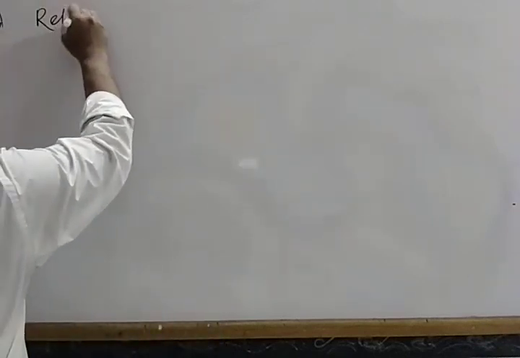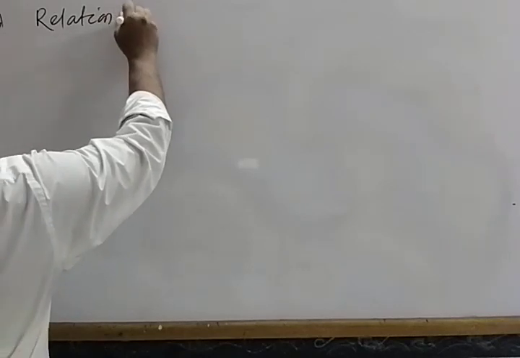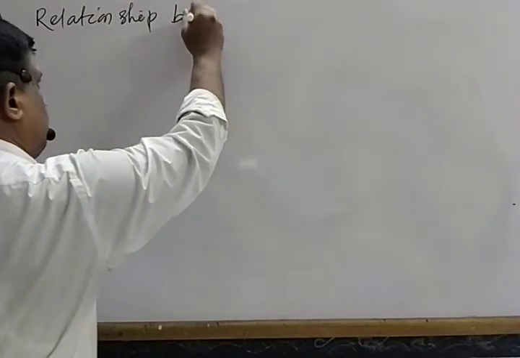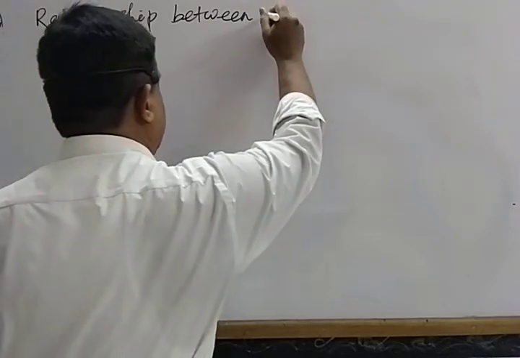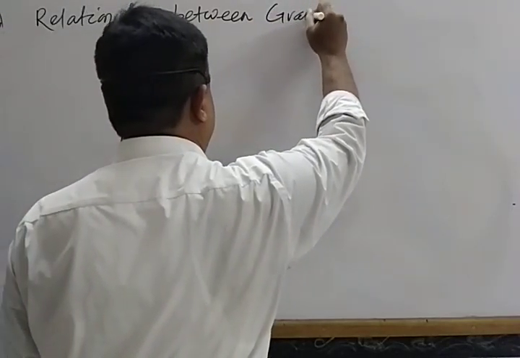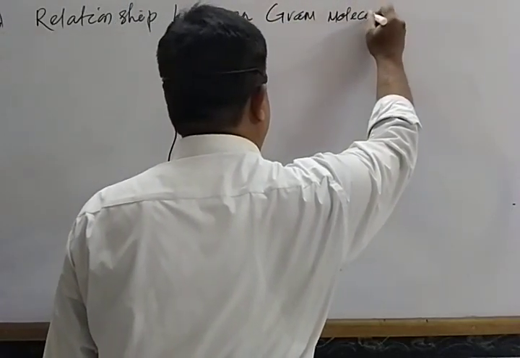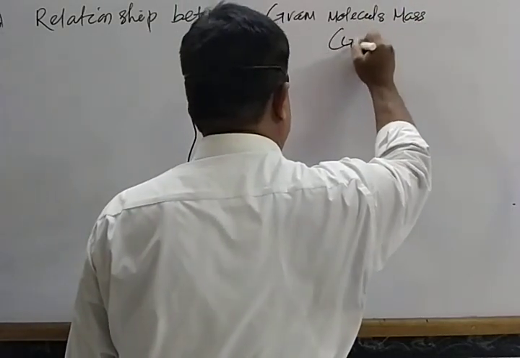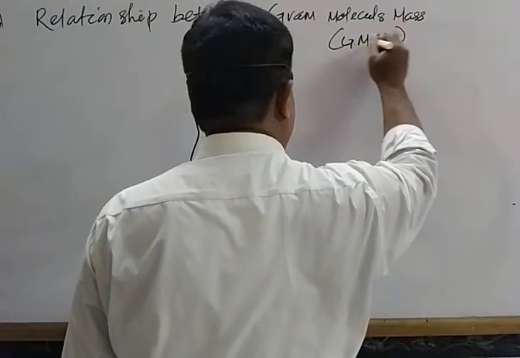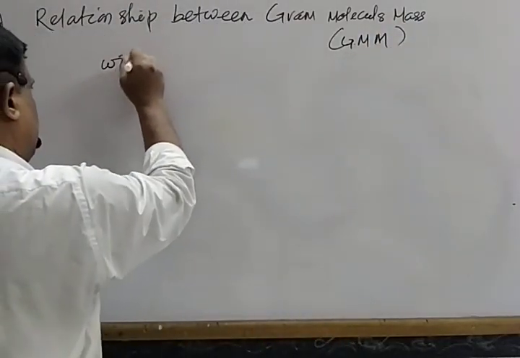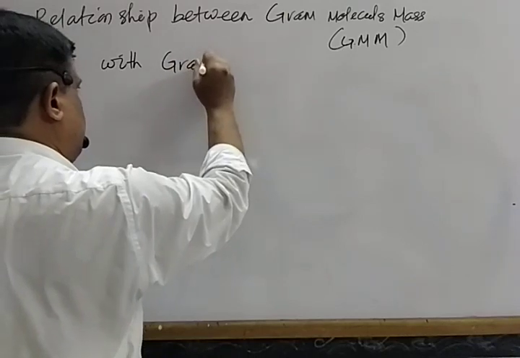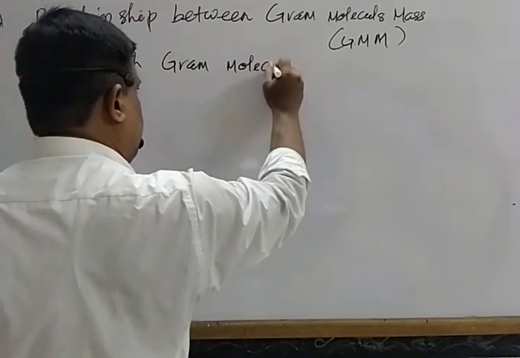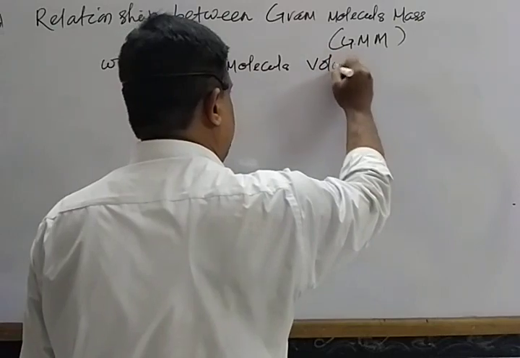Second relationship is the relationship between gram molecular mass, that is known as GMM, with gram molecular volume.